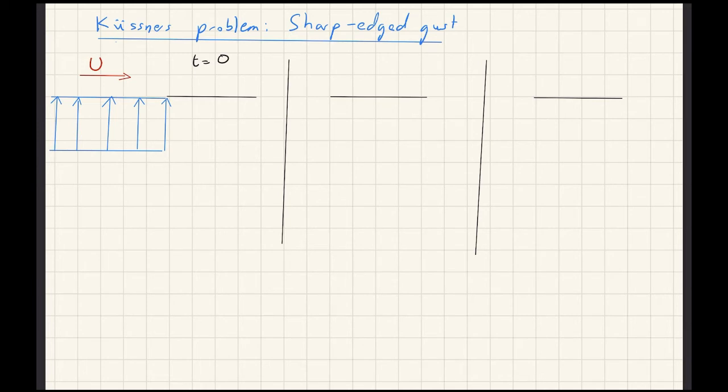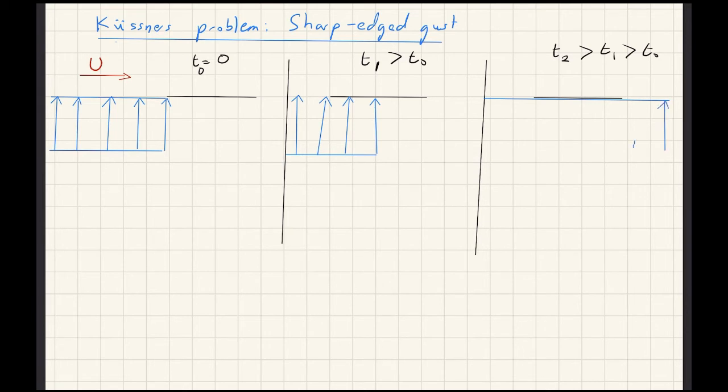Let's say this is t naught. At t1 larger than t naught, the wing has partially entered the sharp-edged gust, and then sometime after, t2 larger than t1 larger than t naught, the wing is fully immersed in the gust.